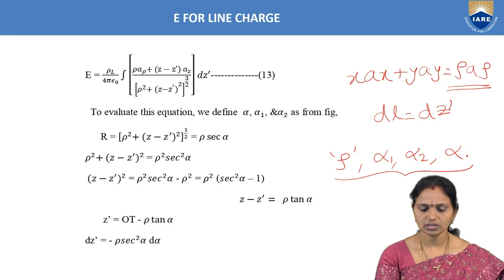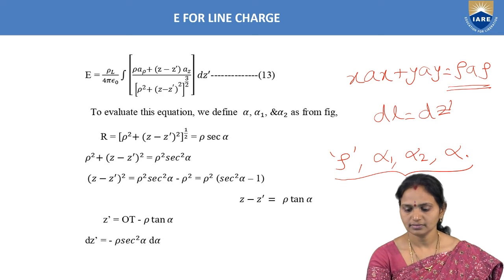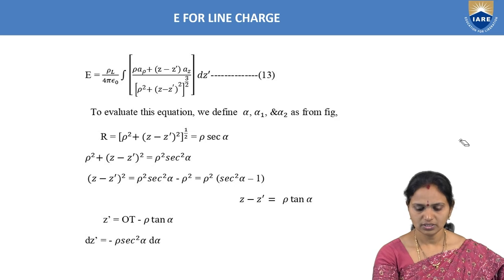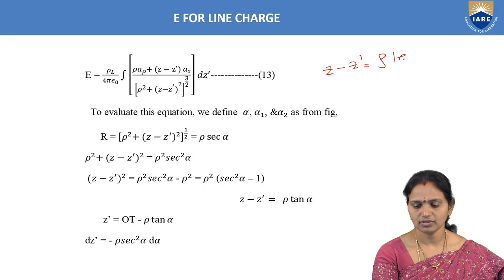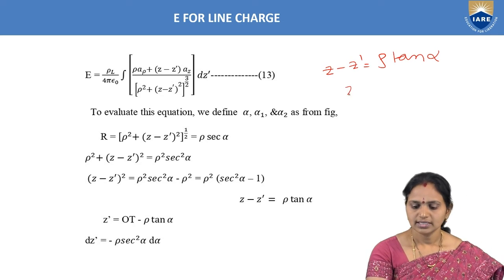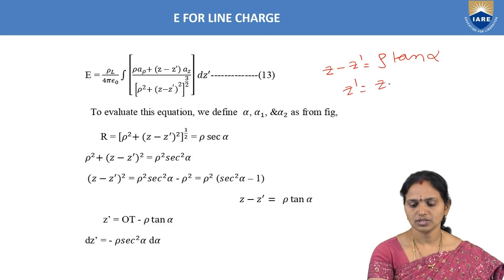So our z minus z dash is rho tan alpha, then z dash is z minus rho tan alpha.